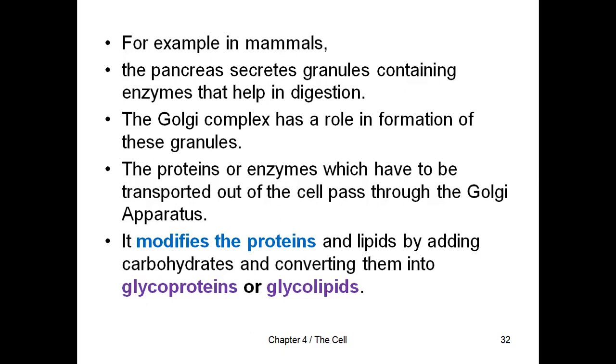Some examples in mammals: the pancreas secretes granules containing enzymes that help in digestion. The Golgi complex has a role in the formation of these granules. The proteins or enzymes which have to be transported out of the cell pass through the Golgi apparatus. It modifies the proteins and lipids by adding carbohydrates and converting them into glycoproteins or glycolipids.